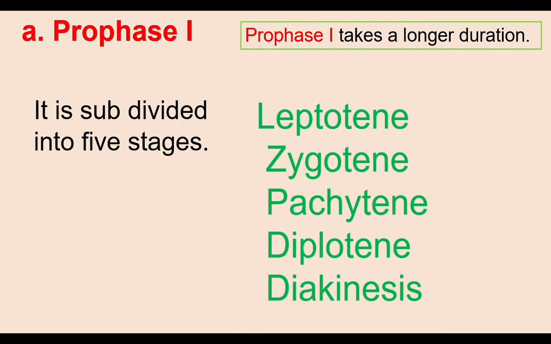The 5 substages of prophase 1 are leptotene, zygotene, pachytene, diplotene, and diakinesis. These substages are not seen in mitosis.